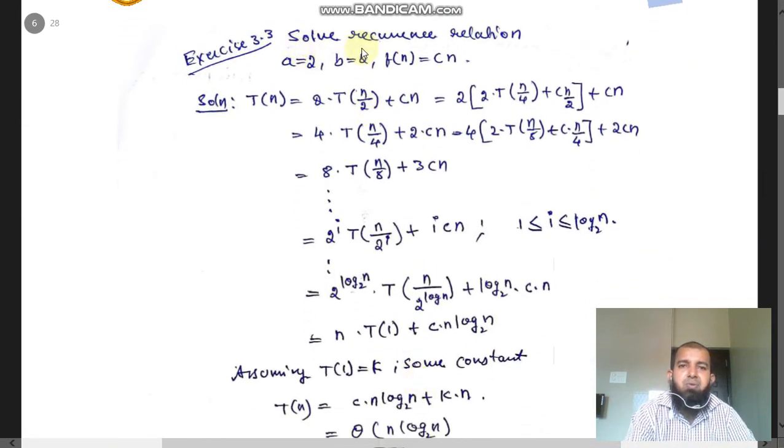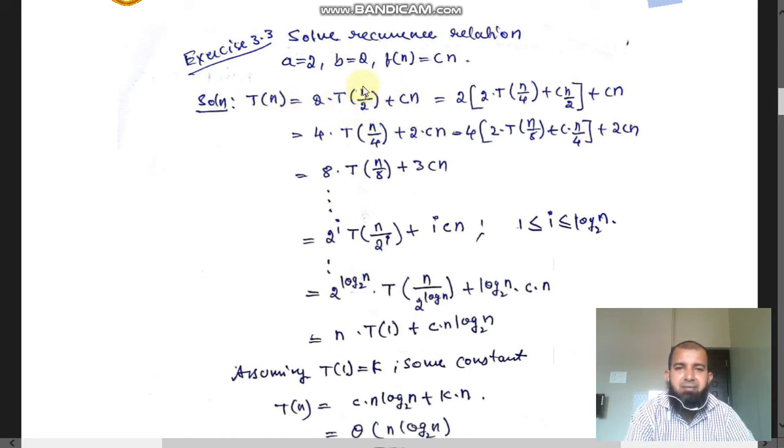Next, solve the recurrence relation. This is the recurrence relation: T(n) is equal to 2T(n/2) plus cn. The a value is 2, b value is 2, and f(n) is cn. First use the substitution method. In the substitution method, this is the recurrence relation, and you just apply it recursively.